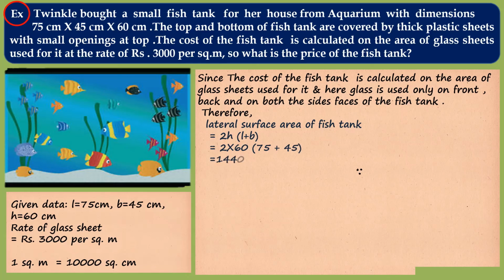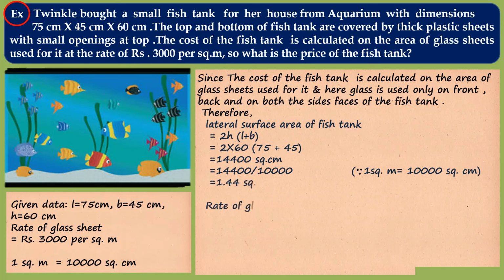That is equal to 14,400 square centimeter. So we have to convert this square centimeter into square meter. That's why we are using here 1 square meter, that is equal to 10,000 square centimeter unit. So we will get 1.44 square meter. This is the lateral surface area of the fish tank.